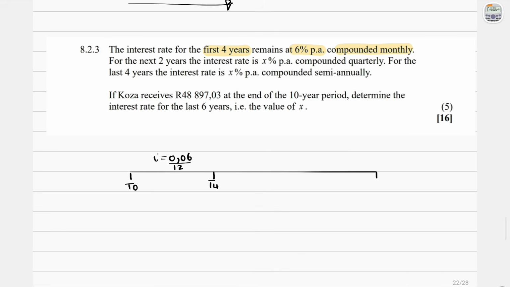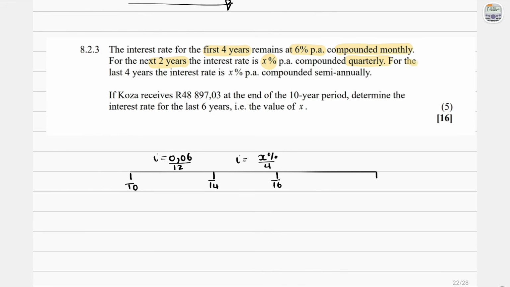And then they tell us that for the next 2 years, the interest rate is now X% per annum compounded quarterly. So for the next 2 years from T4 to T6, the interest is X% per annum compounded quarterly, so divided by 4.